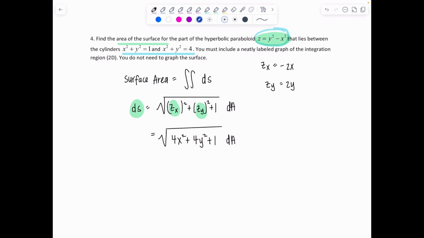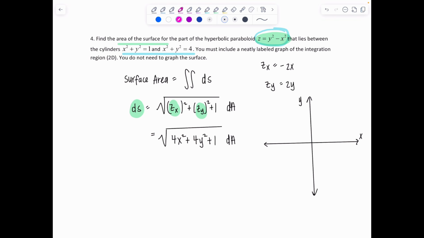As soon as I look at this, I'm thinking we're probably going to go polar because I see the x squared and the y squared. And sure enough, this is the region that I'm integrating over. We can easily represent it using polar coordinates. Definitely don't want to stay in Cartesian land. Get me out of there quick.